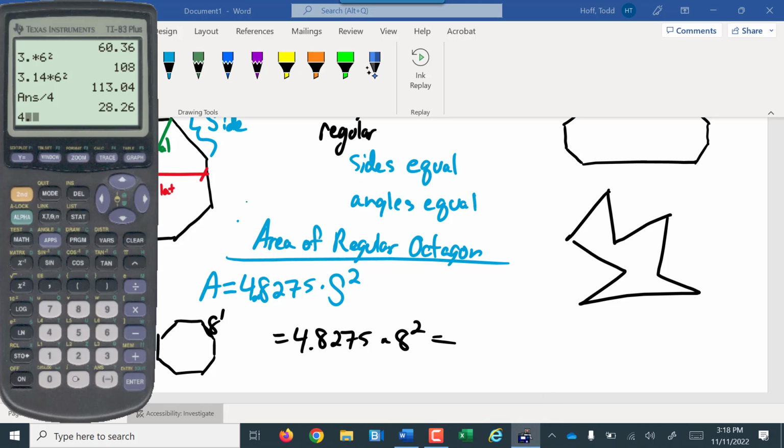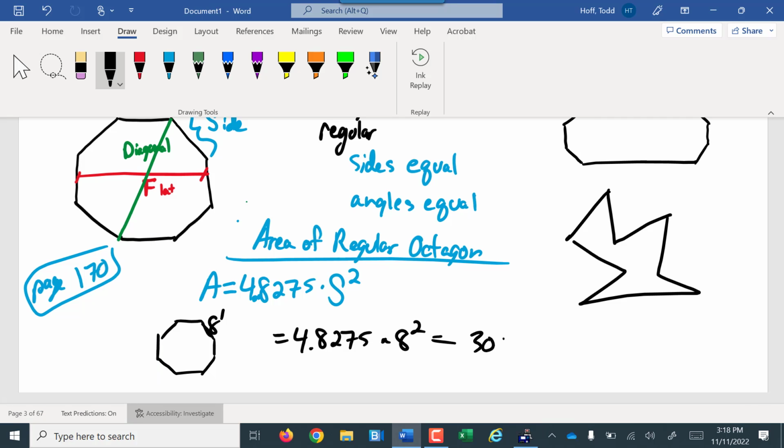That gives us 308.96 square feet. Every one of these is 8 feet long, so the area is just 4.8275 times that side squared.